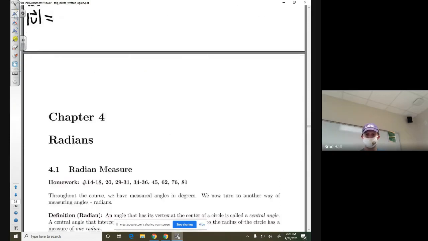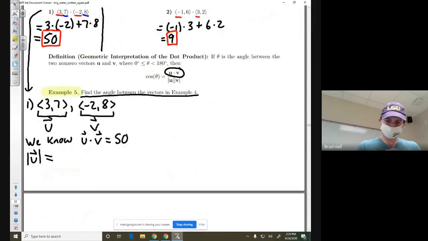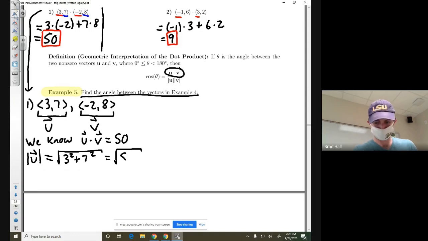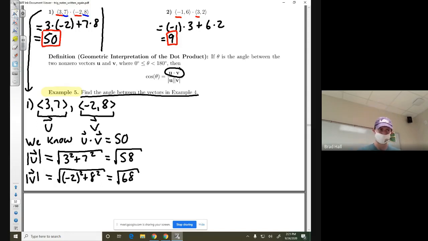So this will be the square root of 3 squared plus 7 squared, the two components of u. That's 9 plus 49, which is 58. And then v, we can do the same thing. What is that, 68? 8 squared is 64, 2 squared is 4.